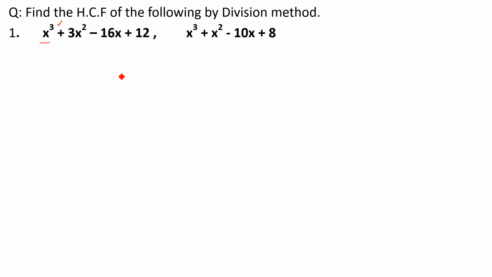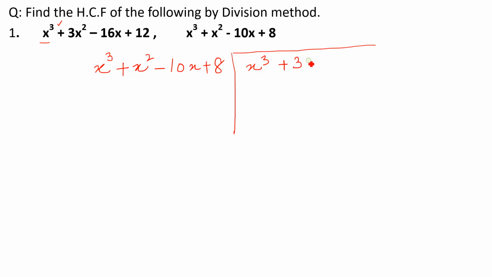And then second is, this is x cube, this is x cube as well. So you can take any one as the dividend. So x cube plus x square minus 10x plus 8, this is the divisor. x cube plus 3x square minus 16x plus 12, right, this is called the dividend, and this is the divisor.